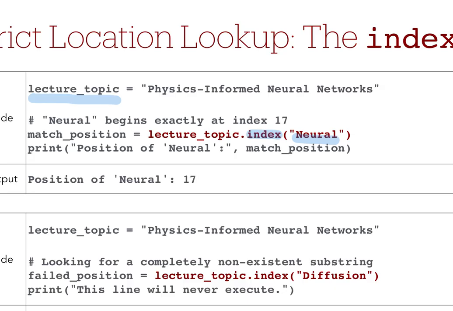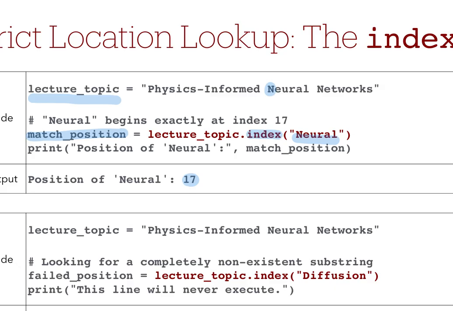When that is found, my match position will take the index value corresponding to the first letter of this expression. The index value corresponding to this uppercase N will be returned. So match position will receive that value 17, and then that 17 is printed. When this expression is found, there is no problem with this code.